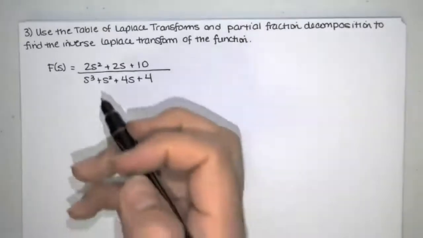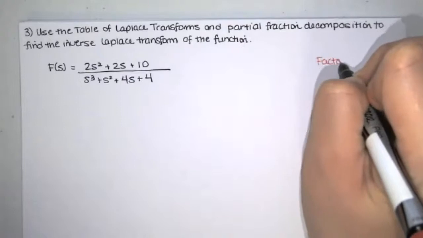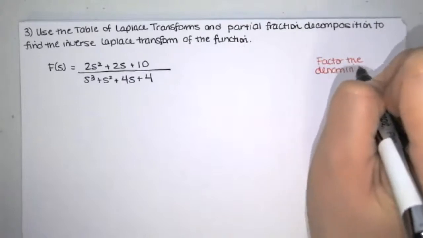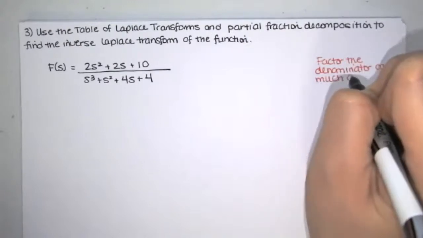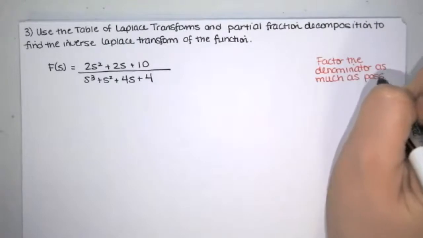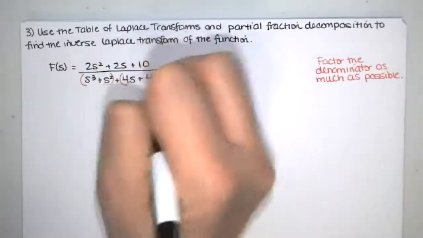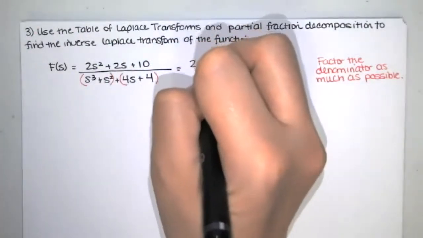So I would start by factoring that denominator as much as possible. I would group these two together and these two together, and then see what we get.